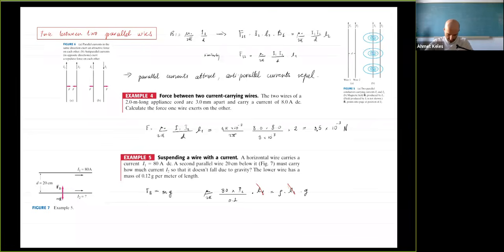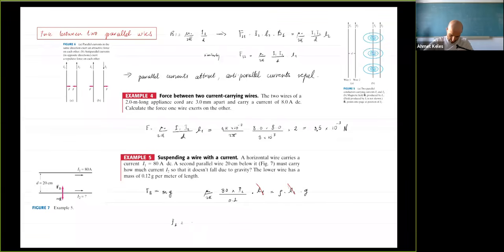Then I can just solve this for I2. I2 is equal to 2 pi over mu 0, which I can actually write out.